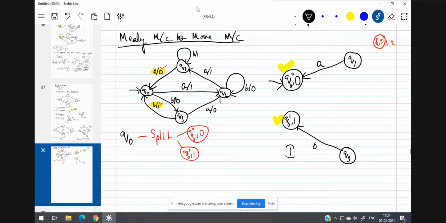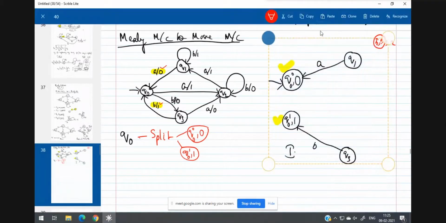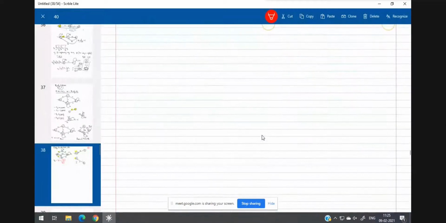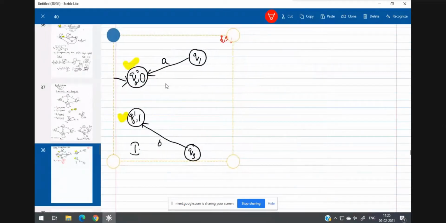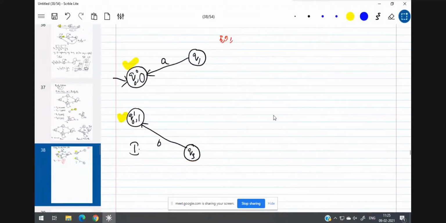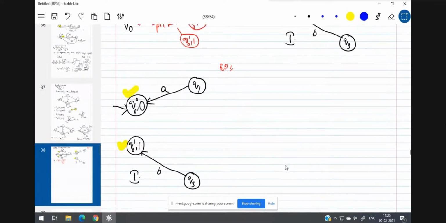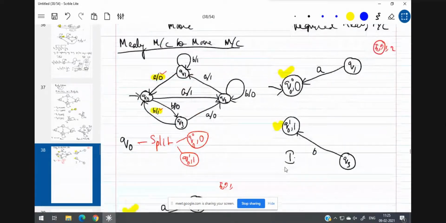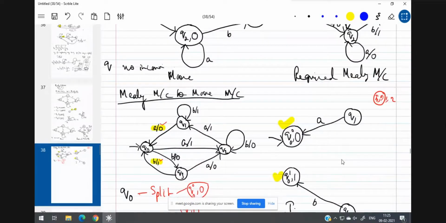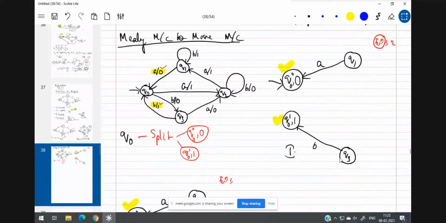Now the next part. Let me bring down a copy of it. So the first one I have done for the incoming part.